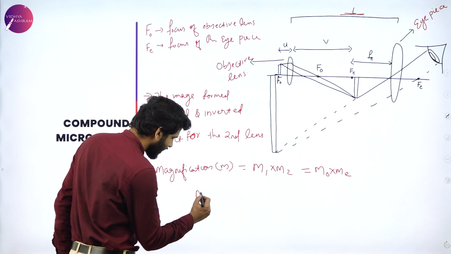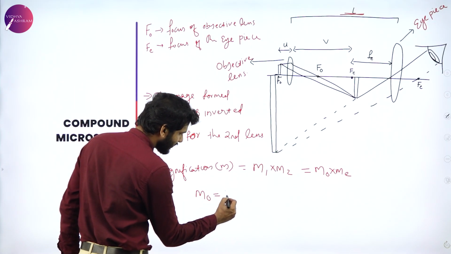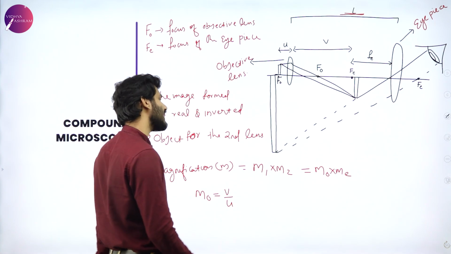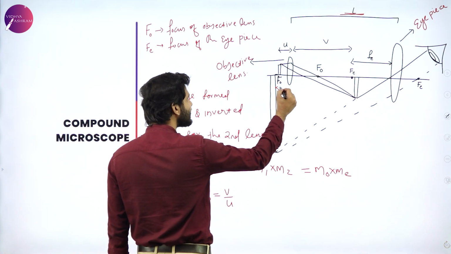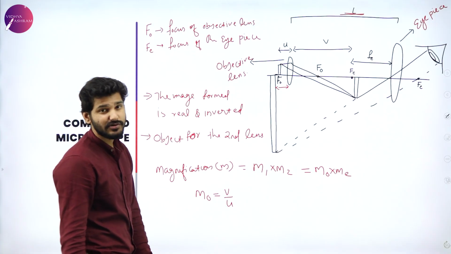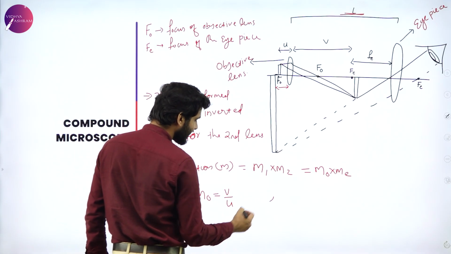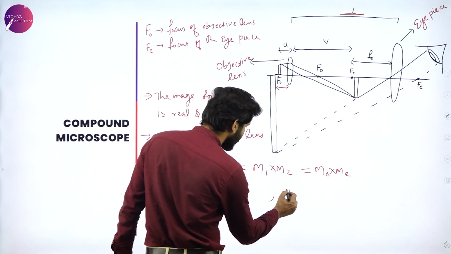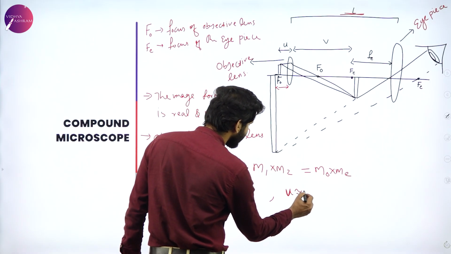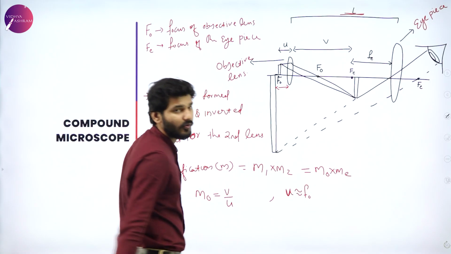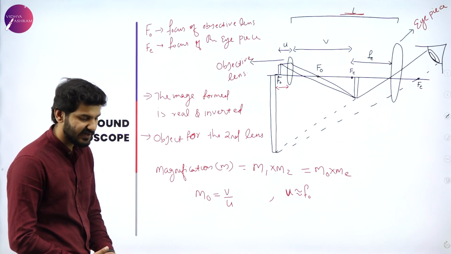Again, MO will be equal to V by U. We can say that U is approximately equal to FO, the focal length of the objective lens.